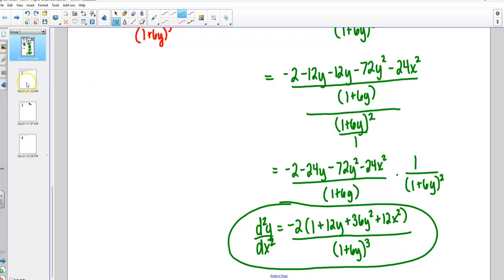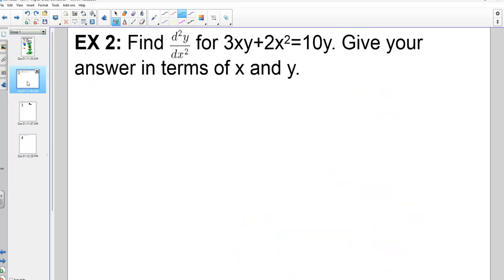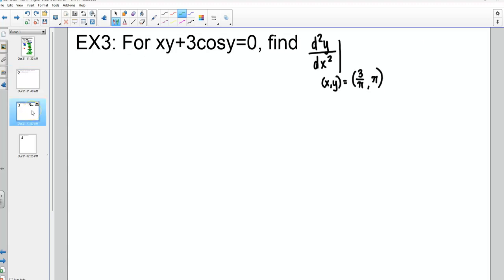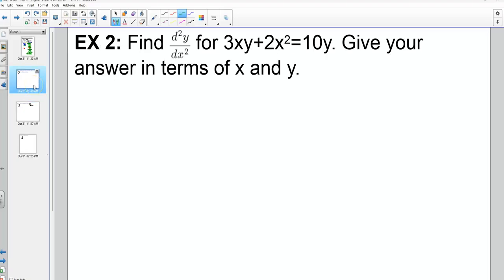But we can do it. All right, let's see. We kind of need to do both of these. Hopefully we'll have time to do that third one.